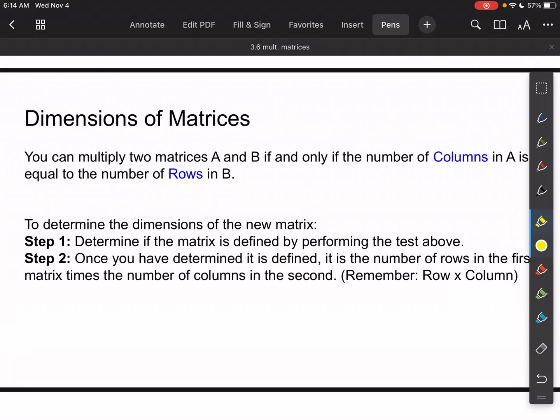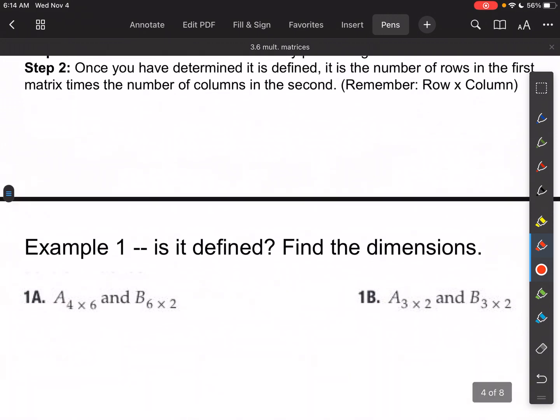So you can only multiply two matrices if the number of columns in the first matrix matches the number of rows in the second. Again, the number of columns in the first matrix must match the number of rows in the second matrix. Okay, so let's look at a couple of examples.